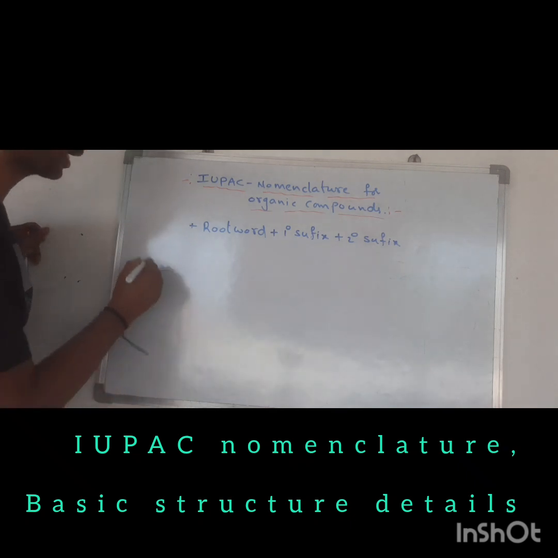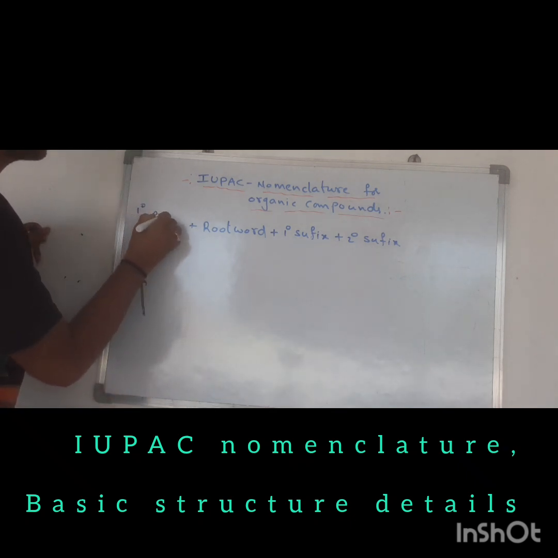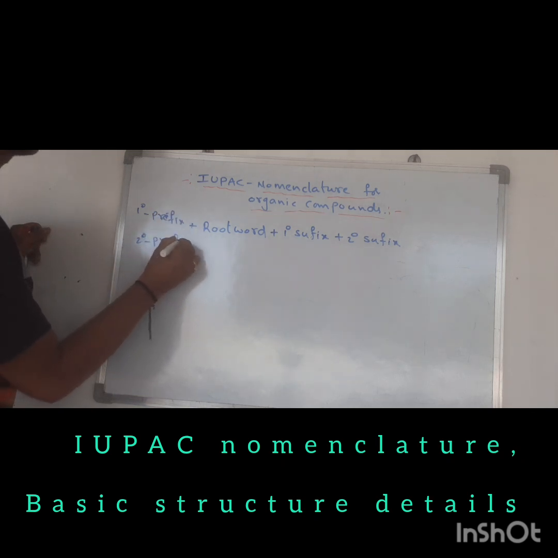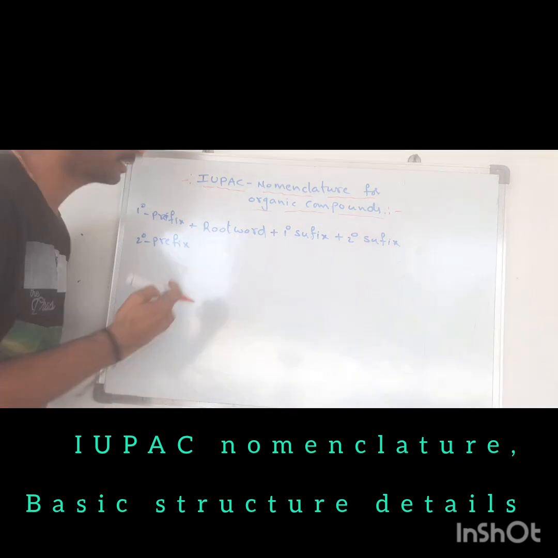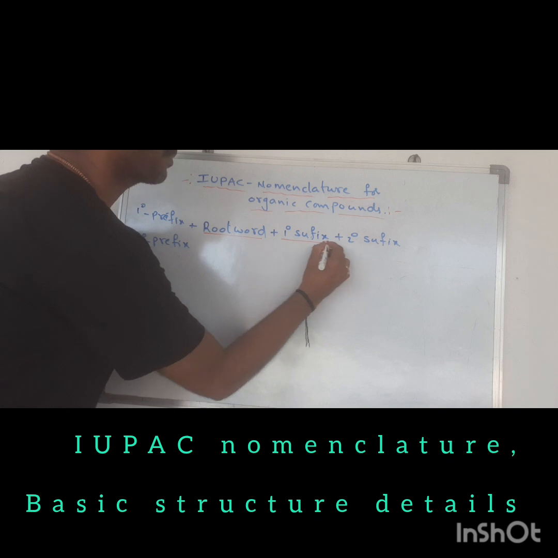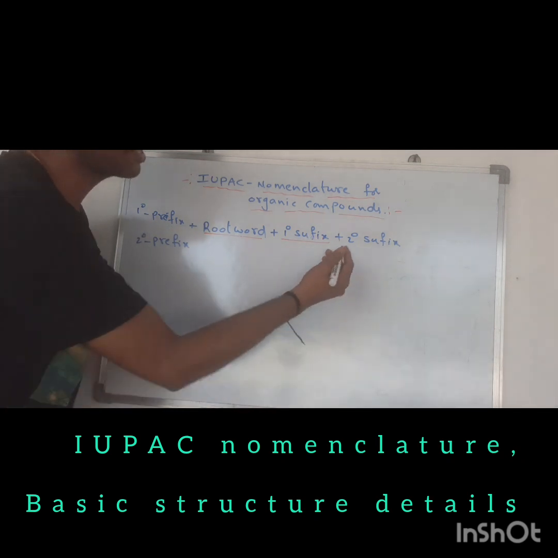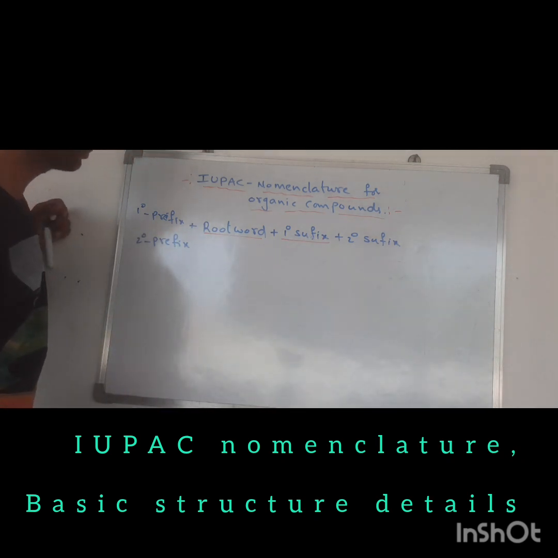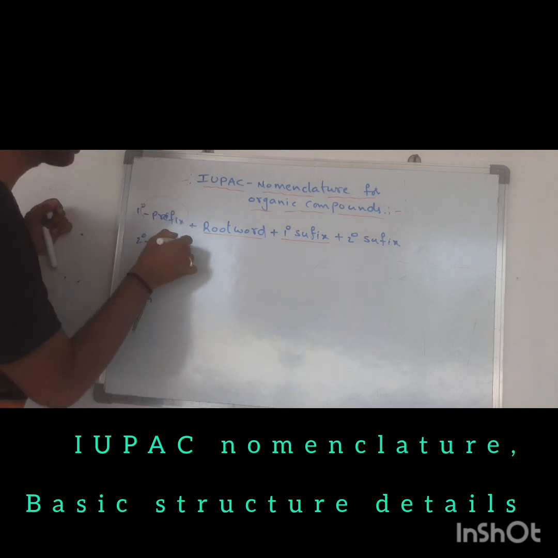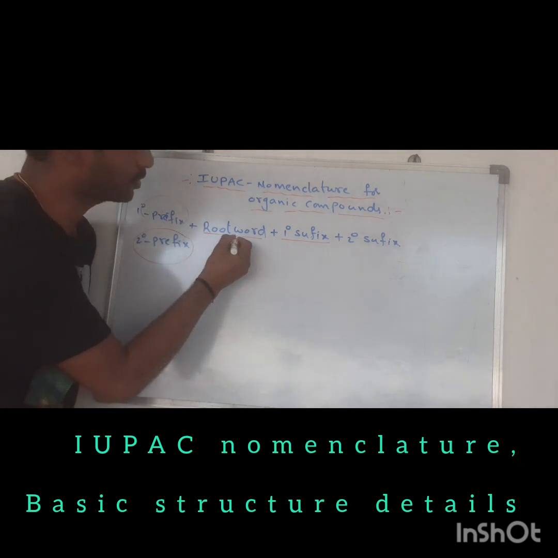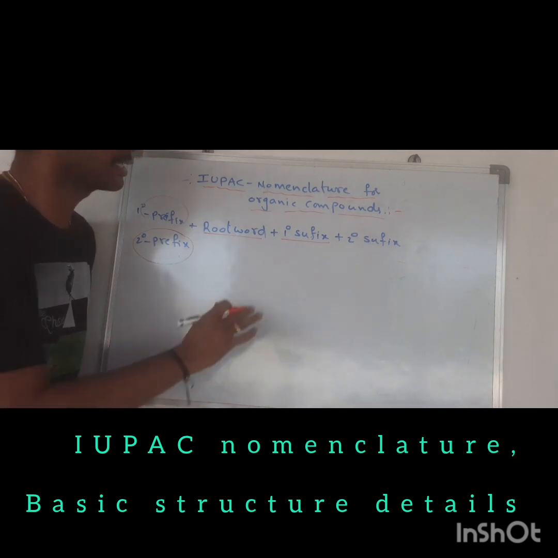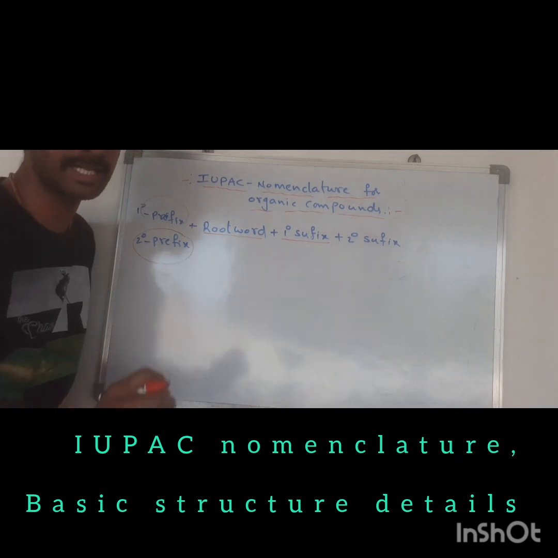Prefix is also of two types: primary prefix and secondary prefix. Any organic compound must contain the root word and primary suffix. Secondary suffix may or may not be present. Secondary prefix also may or may not be present. But the root word must be present, and the primary suffix must also be present in the name.